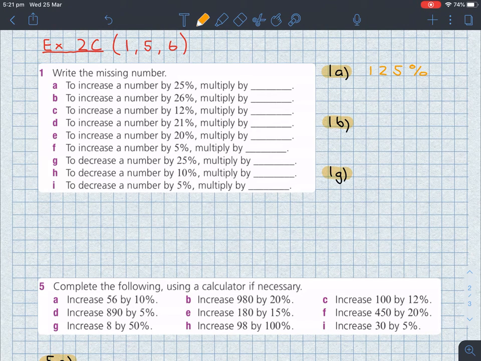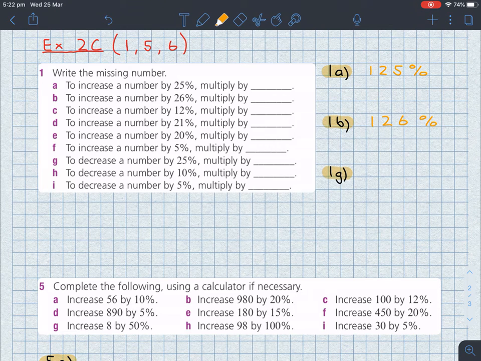For these in question 1, you don't need to write out the whole question. You can just write what the final percentage is that we're going to multiply by. For part B, to increase a number by 26%, increase means plus. So 100 plus 26 is 126%.